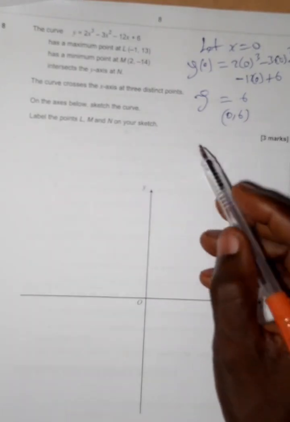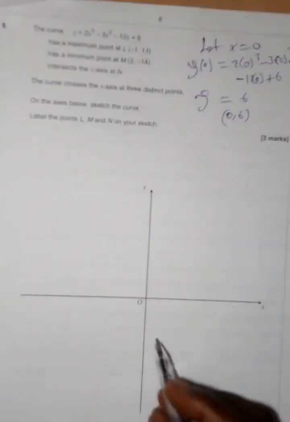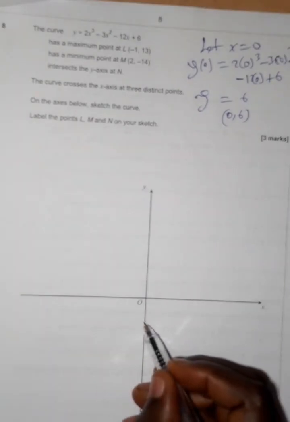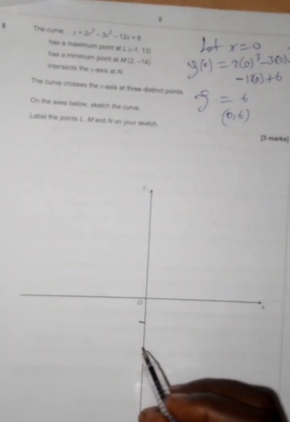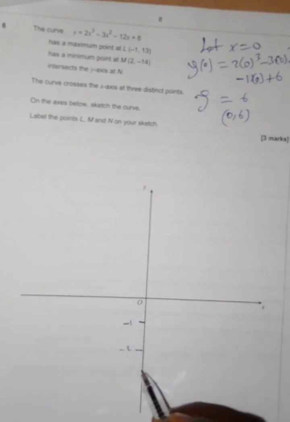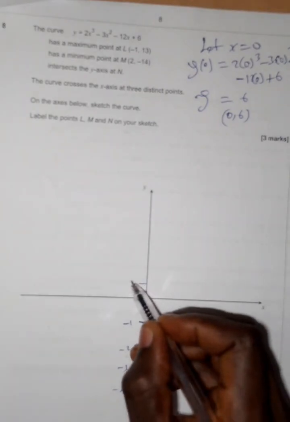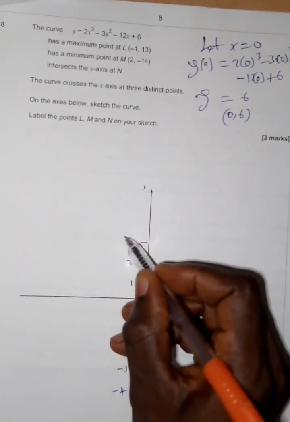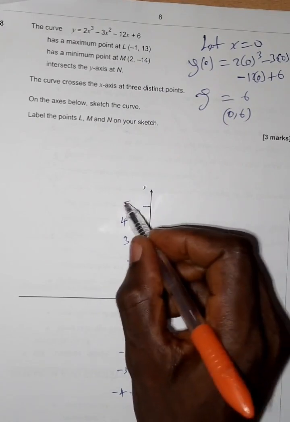So we have the maximum point. So we can assume this, since it is not sketched on the graph sheet. So this is minus 1, minus 2, minus 3, minus 4, this is plus 1, plus 2, plus 3, plus 4, and plus 5.